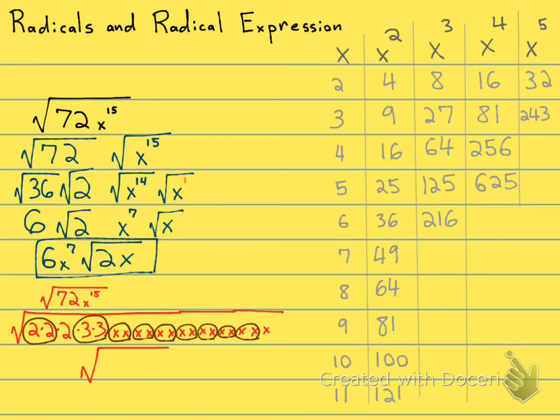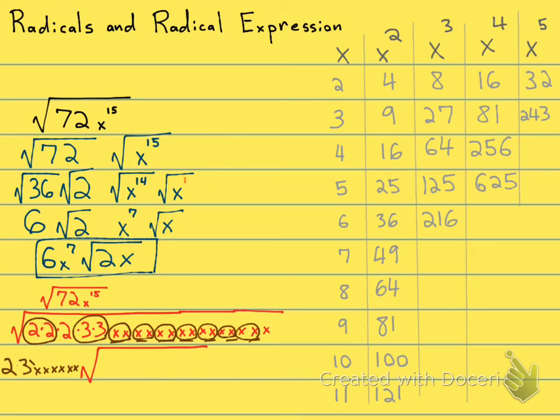I'm going to move it over to the right a little bit because I need some space over here on the left. Now, what can I take out of this radical? I can take out a 2, a 3, and then a bunch of x's. Let's see how many: 1, 2, 3, 4, 5, 6, 7. 7 x's.